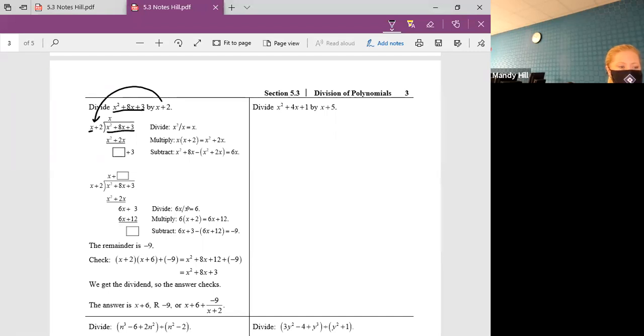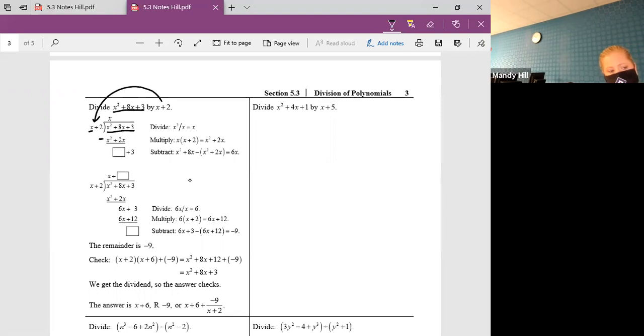But then you also have to multiply this x by 2, and x times 2 gets you 2x. So they decided to put an x here so that they could get this x squared to go away. They wanted x times x to get them x squared, because your goal is to subtract and get rid of these things.